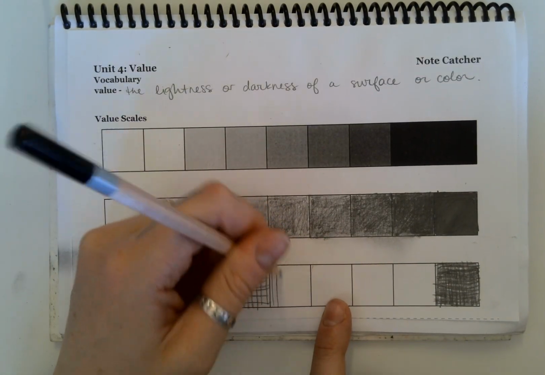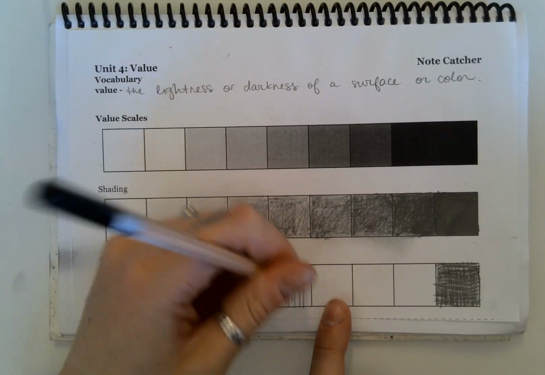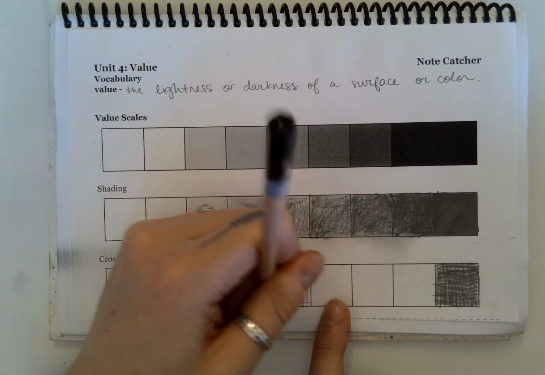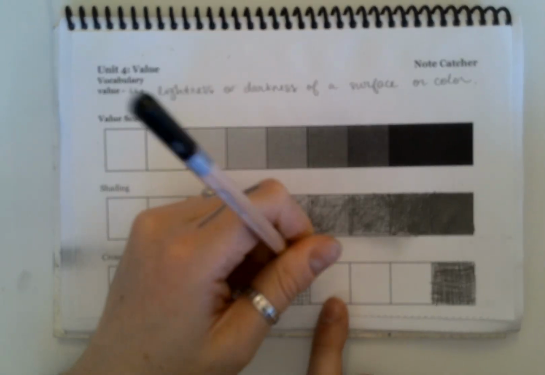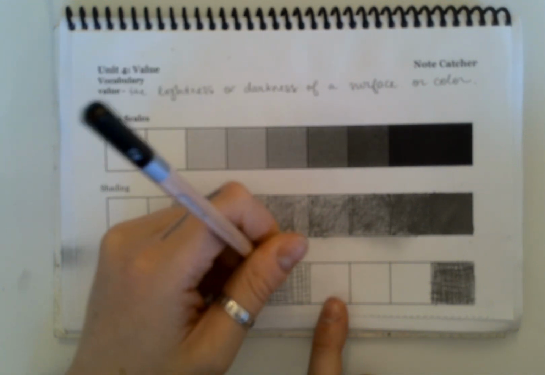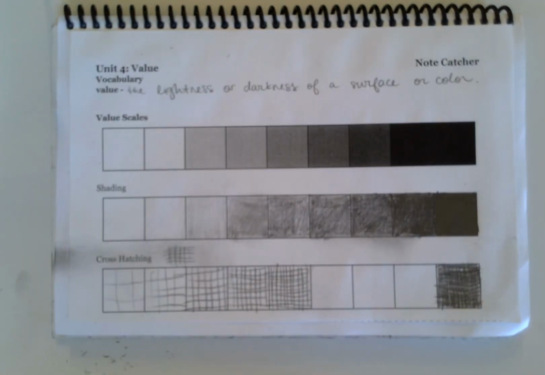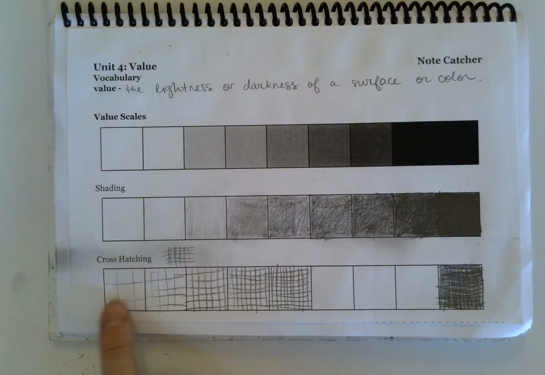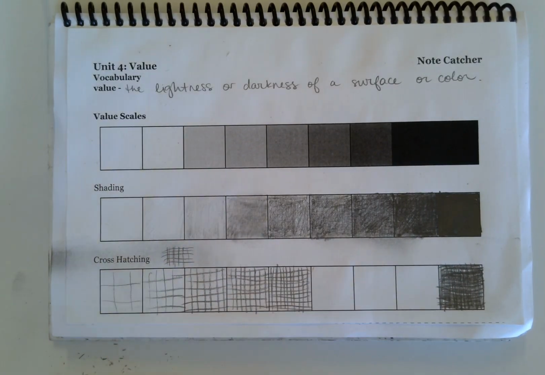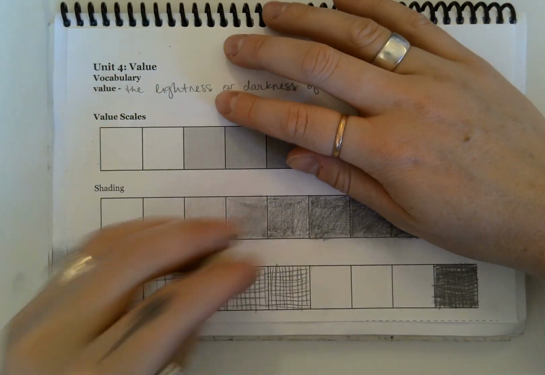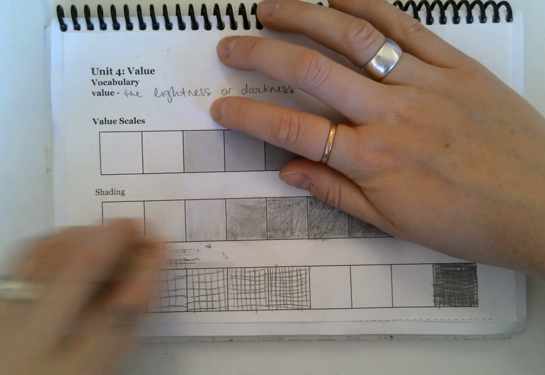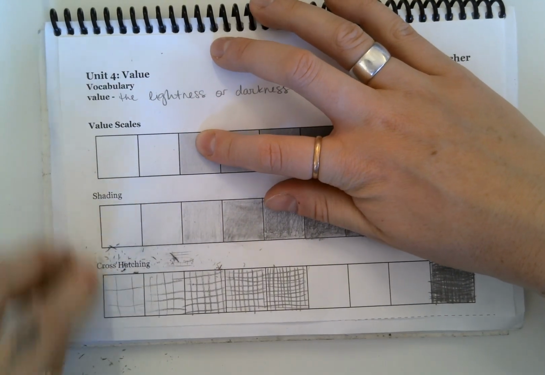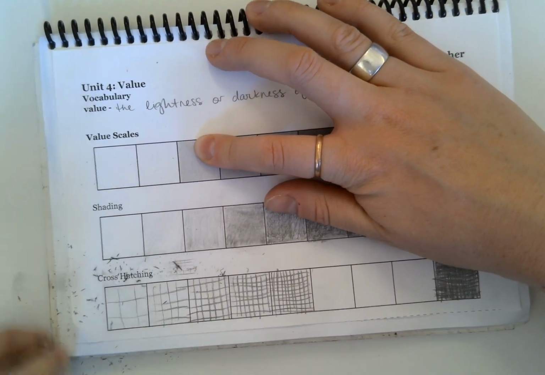Here's my middle value. Okay, you can see how our eyes perceive this as going light to dark. And you'll also notice that because I'm a lefty, I am smudging my paper like crazy.